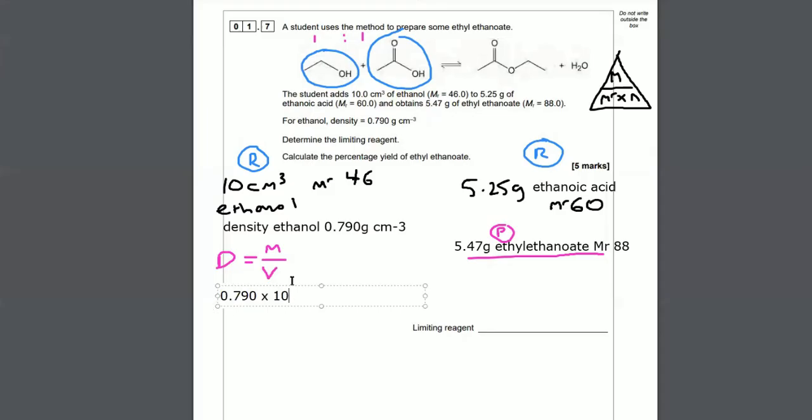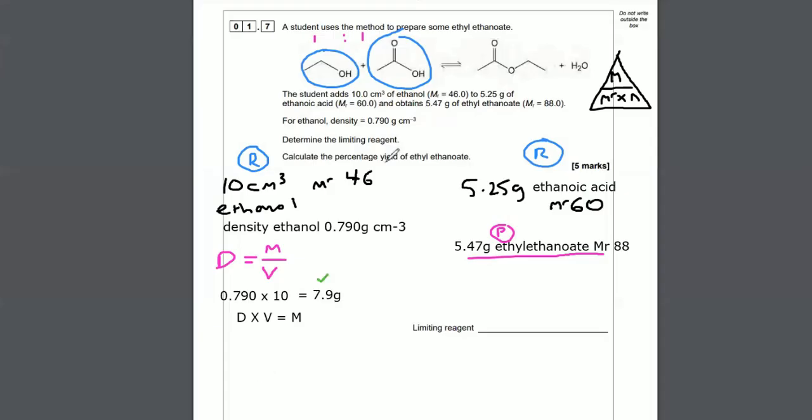So I've got D times V, we've rearranged that, and that's going to equal my mass. And our mass is going to be 7.90 grams.